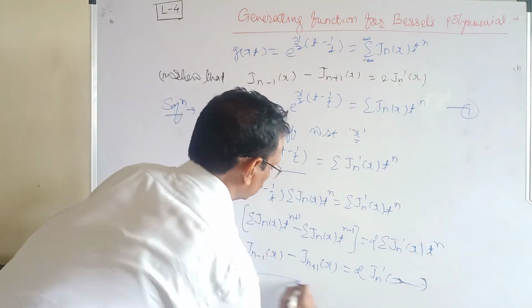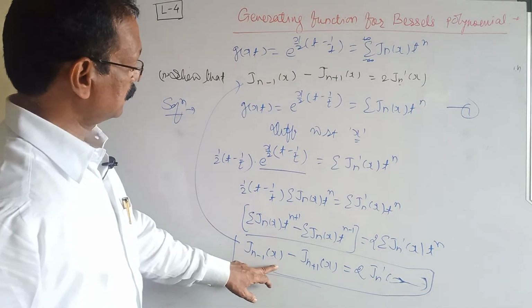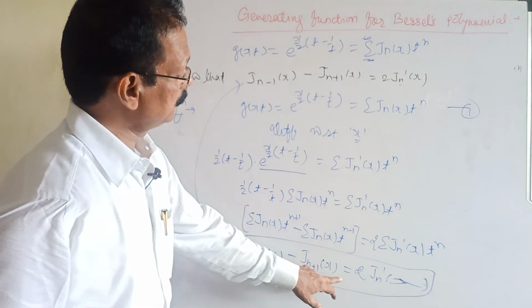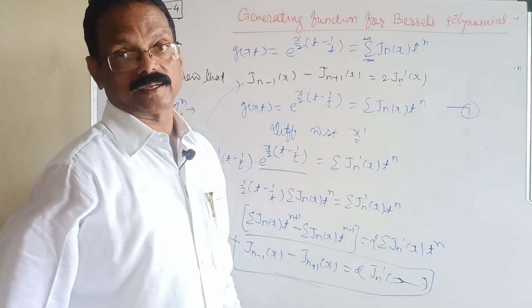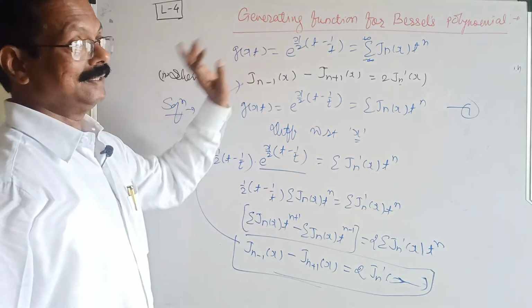So this is the proof. Hence J_{n-1}(x) - J_{n+1}(x) = 2 J_n'(x). This is the last example, and the last lecture on generating functions.